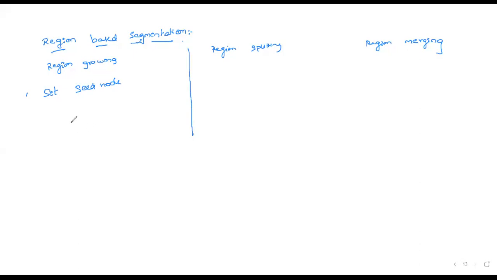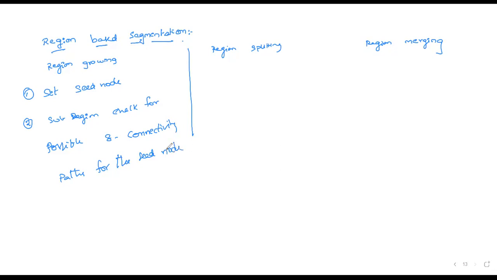Now, after assuming the seed node and selecting the subregion, check for possible 8 connectivity paths for the seed node.